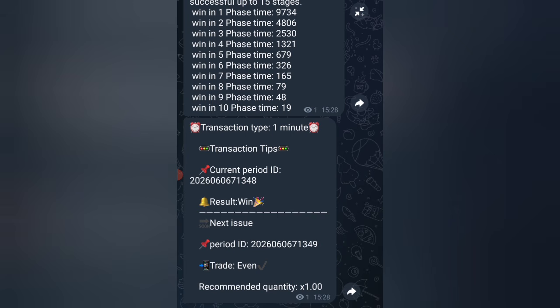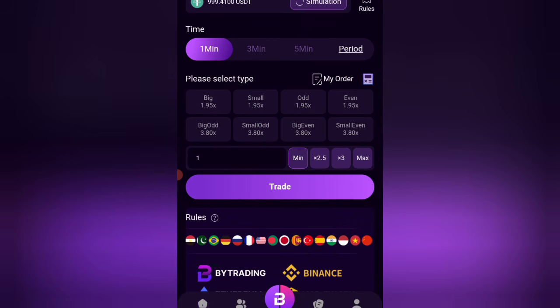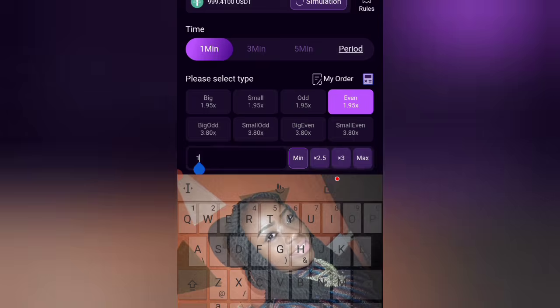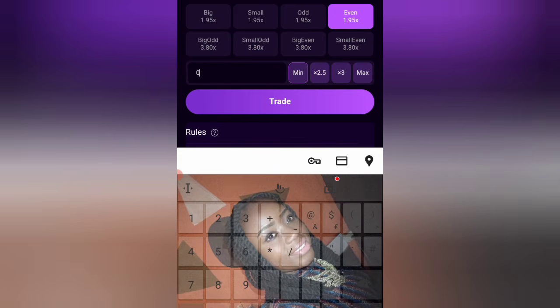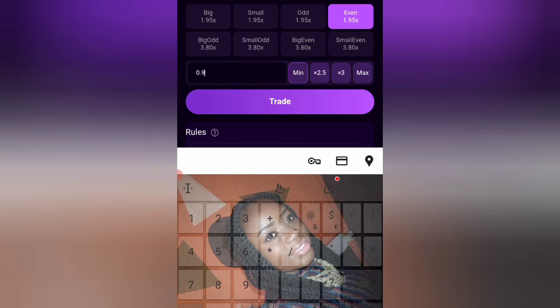So now I'll go back to the first calculator entry because the previous one was a win, and I've realized my capital back and my profits. So the next one is even. Even. Then I'll click on 0.98.